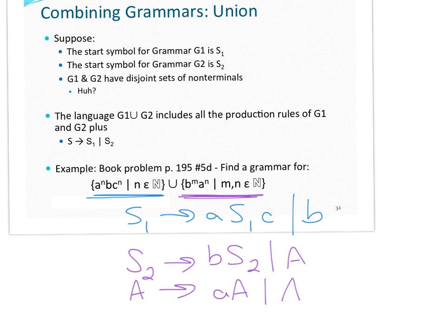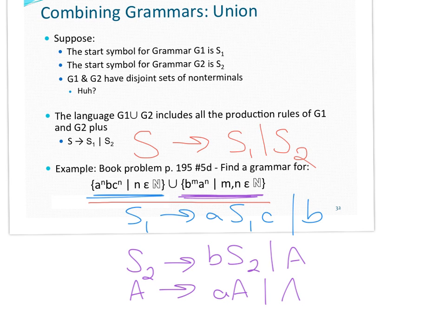And if I want the language that represents the union of both of these languages, then what I can do is add one more production rule. You ready? I'm going to put it at the very top. I'm going to say S goes to S1 or S2.